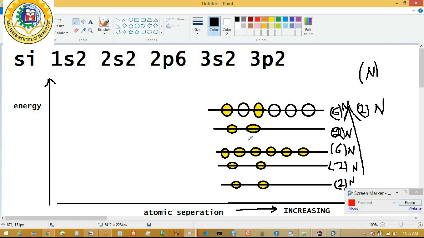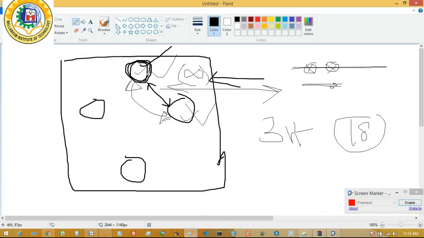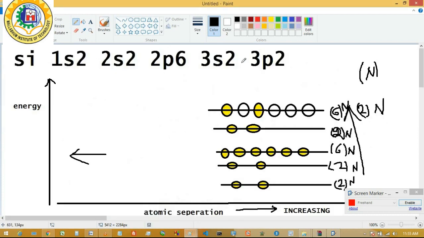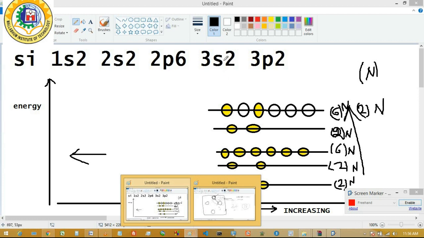Now this axis shows the atomic separation, with reduction of the atomic separation in one direction and increasing in the other. If we reduce the atomic separation between the atoms, first of all the 3s and 3p states are going to interact with each other because they are the outer shell.